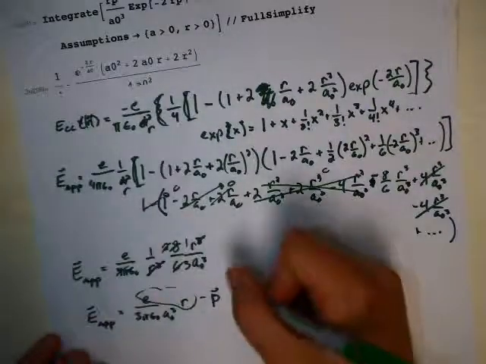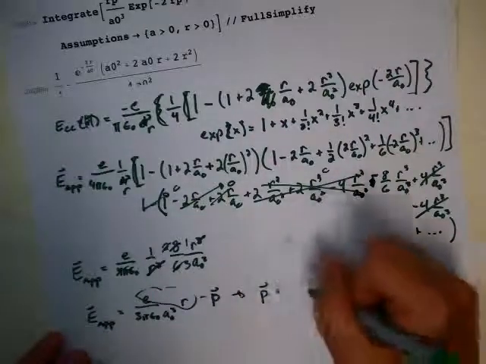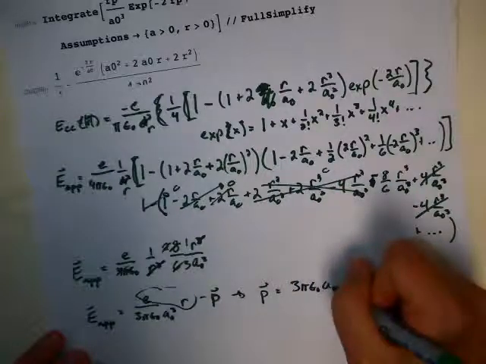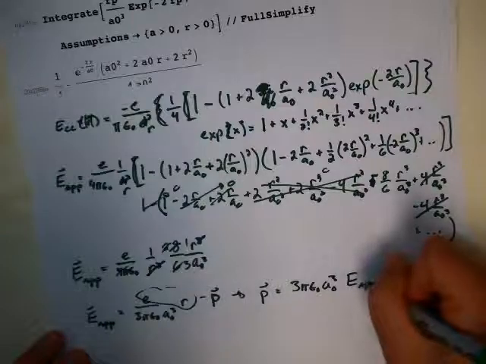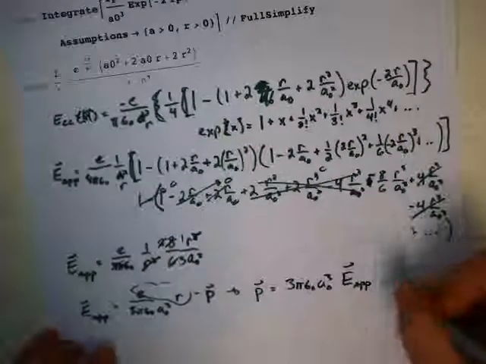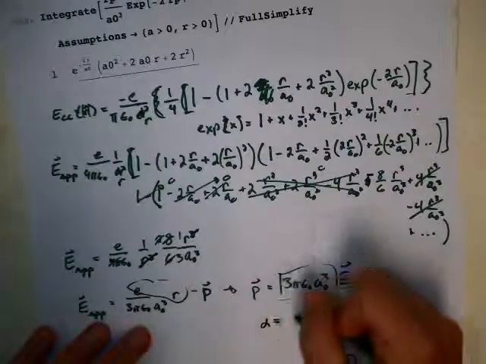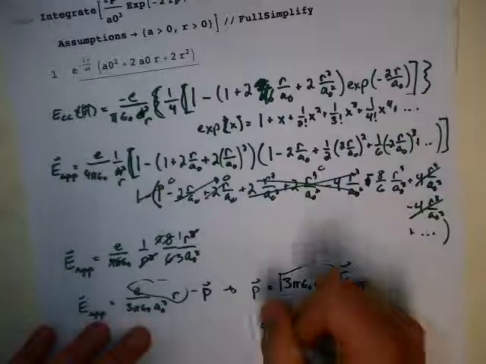And so solving for that dipole moment, I'm going to get the dipole moment is 3 pi epsilon naught a naught cubed times the applied electric field. And of course that says that this thing here, alpha, is 3 pi epsilon naught a naught cubed.